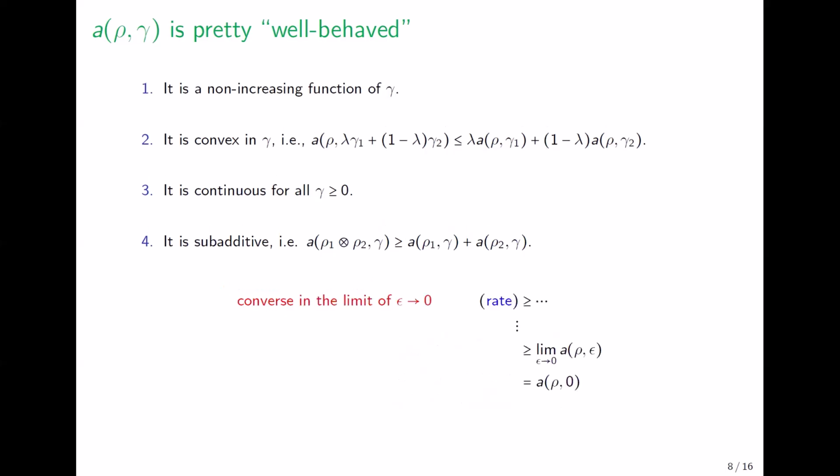Another useful property is the continuity of this function at gamma equal to 0 from the right. In the end, when we want to find the optimal rate, we have to take the limit of epsilon going to 0, which is the error of the simulation. Then we can show that this is continuous. Basically, the lower bound for the rate is the value of the function at gamma equal to 0.